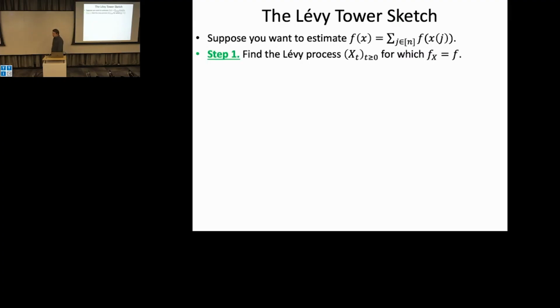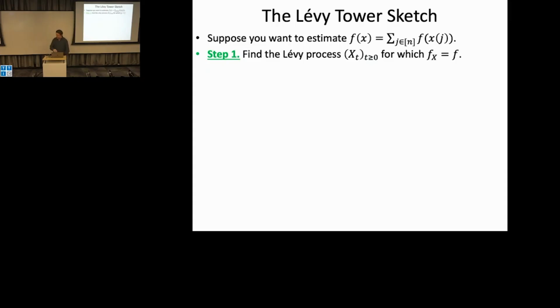The first thing we do is find a Levy process whose characteristic exponent is exactly the function that we're trying to estimate. If you can't find such a Levy process, we have other ways of doing this. It's like the Groucho Marx quote: these are my principles, if you don't like them, I have others. For the time being, if you can't finish step one, don't go to step two.